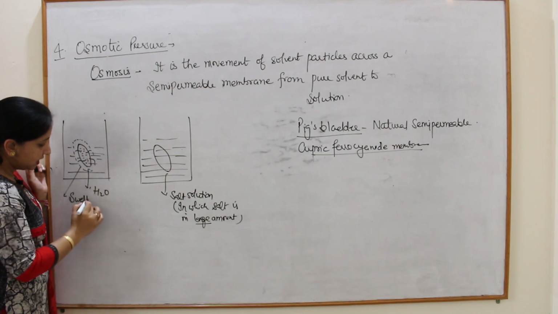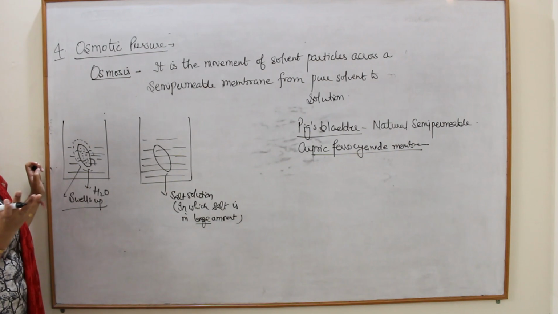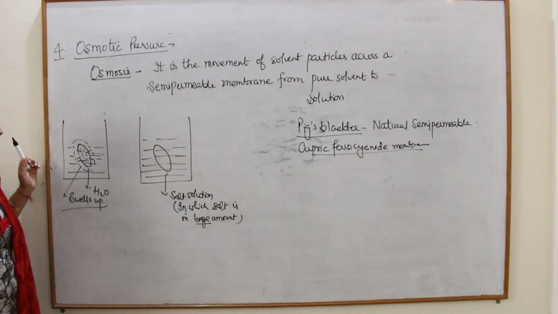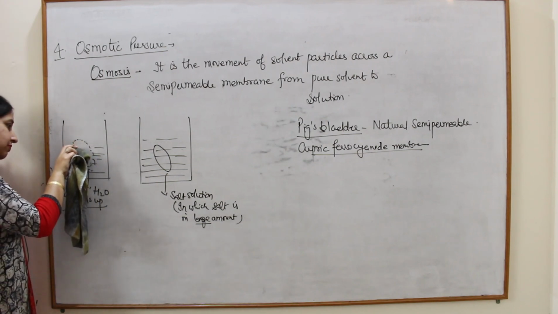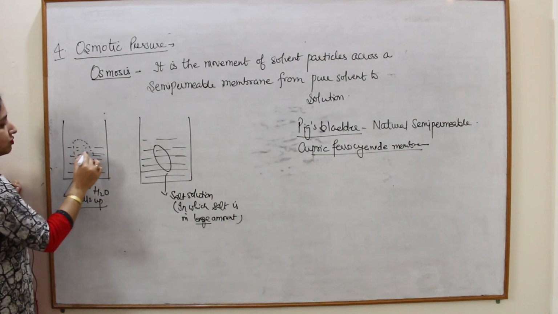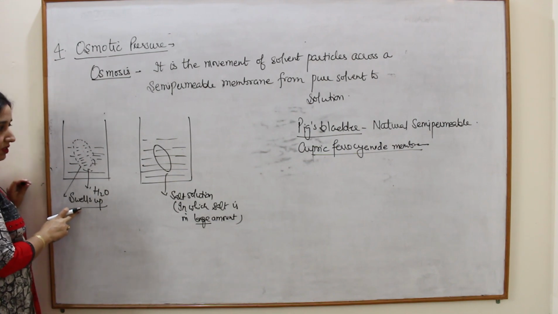So that's why this egg swells up. Swells up means फूल जाना, पहले से size में बढ़ना. So this egg will now be in a swollen state. So this is because of osmosis.